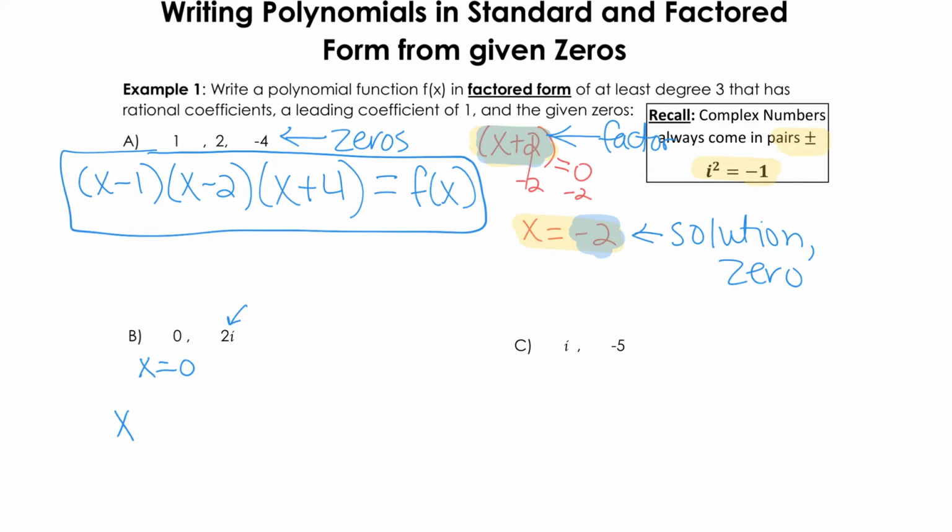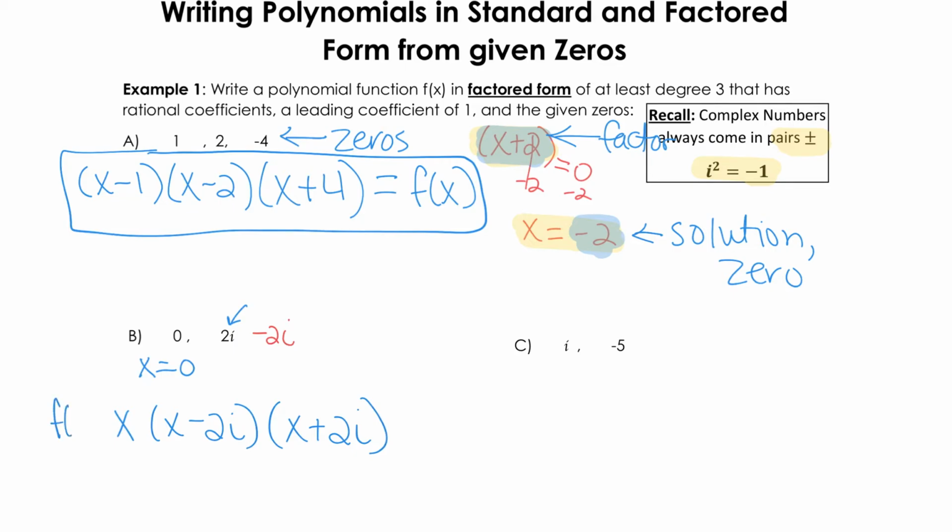And so if I have a solution of positive 2i, I'm also going to have the solution of negative 2i. Okay? So when I write those as my factors, I'm going to have x minus 2i, and I'm also going to have x plus 2i.